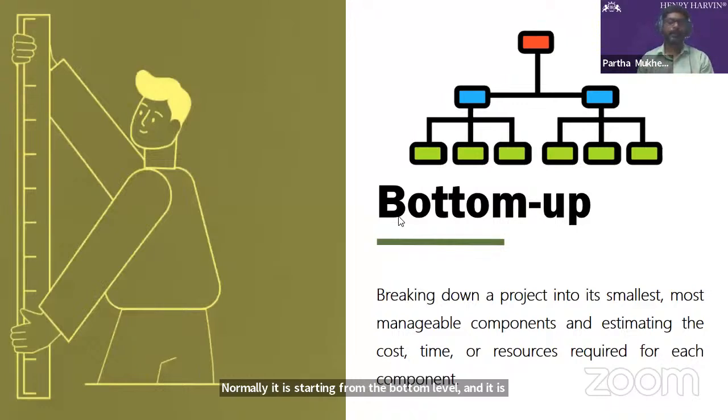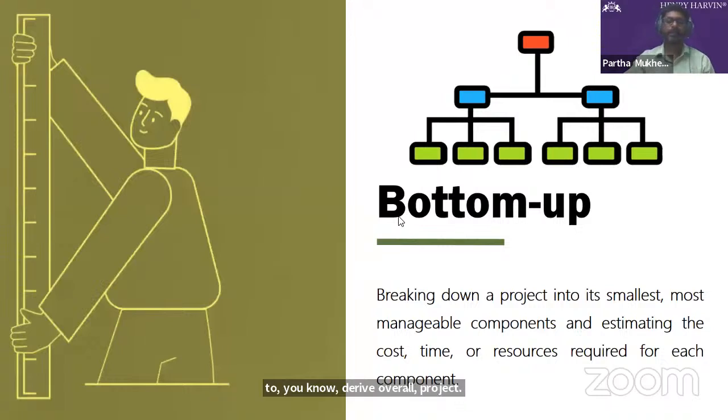So bottom up estimation is a very powerful estimation technique which works by decomposing a project into the smallest and most detailed work packages possible. So project managers estimate cost, time, and resource requirement of every single work package and sum up the estimates to derive the overall project estimates.